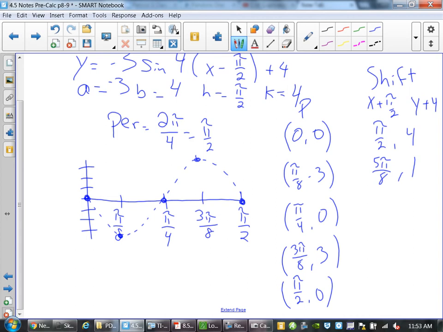Pi over 4 and pi over 2 would be 3 pi over 4. 3 pi over 8, pi over 4, 7 pi over 8. 7, and then pi, and 4. It helps to figure out those next point values.